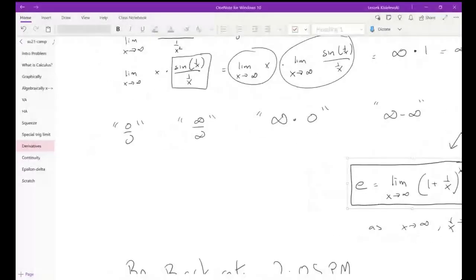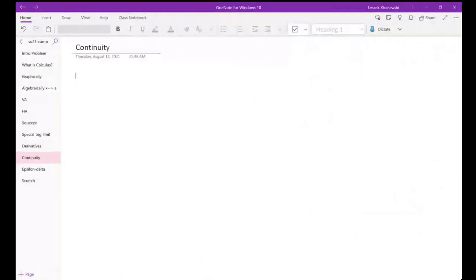The next topic is continuity. All right. So continuity of a function is something that we define at a point. So we say either a function is continuous at a point or not.